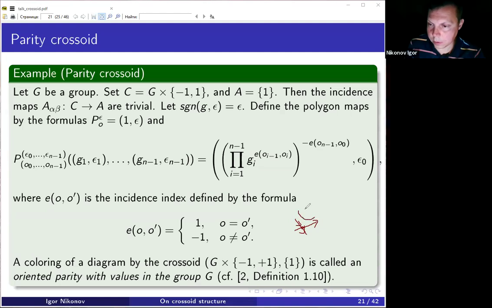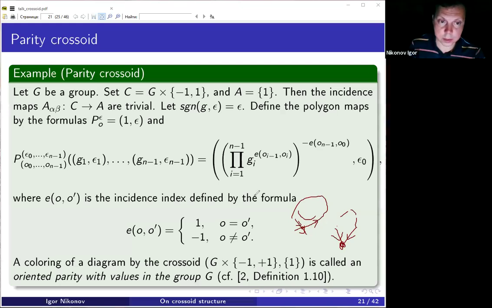Now we have a crossing here, our region, and here the orientation of the incident edges inside. And if we have the following picture, then the incidence index of this crossing is -1. So this formula gives us a crossoid structure.